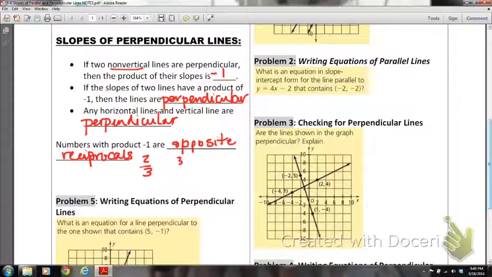So the reciprocal is 3/2. The opposite reciprocal has the opposite sign, so it would be -3/2. If you multiply these two numbers together, that's going to equal -1. So those are the properties of perpendicular lines.